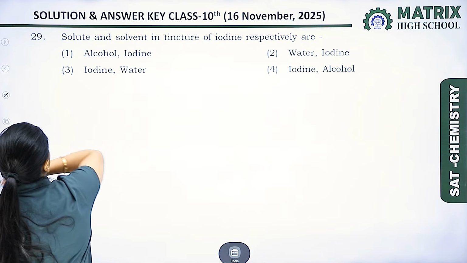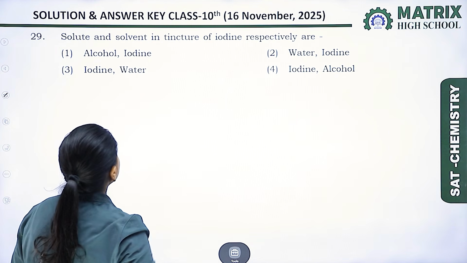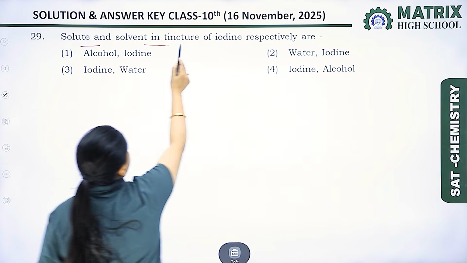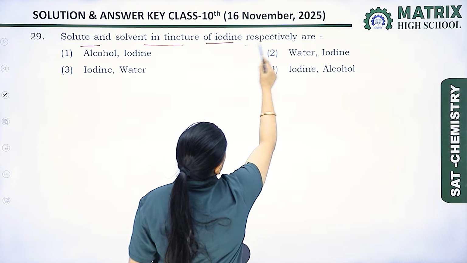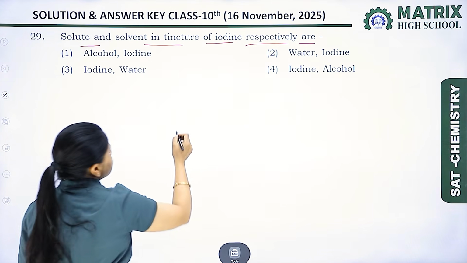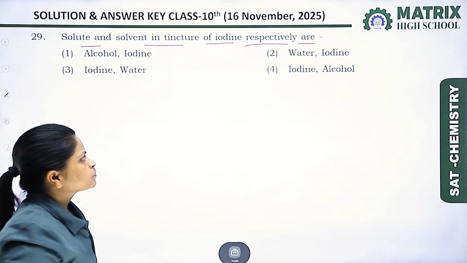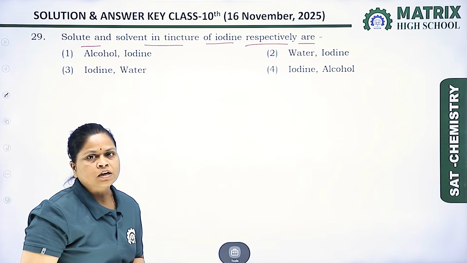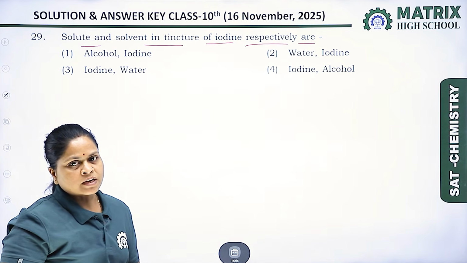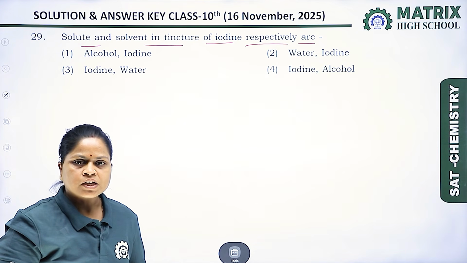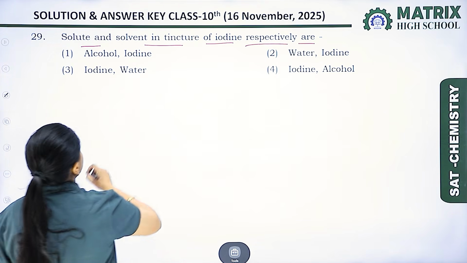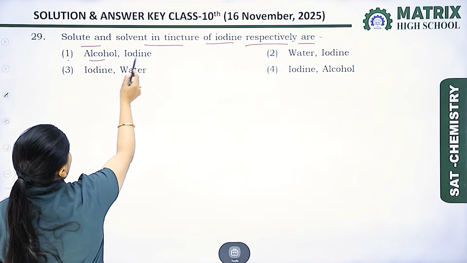Now the next question is 29. Solute and solvent in tincture of iodine respectively are. As we know, tincture of iodine is a mixture of iodine and alcohol, where iodine is the solute and alcohol acts as the solvent. Let's discuss the options. First, alcohol and iodine.